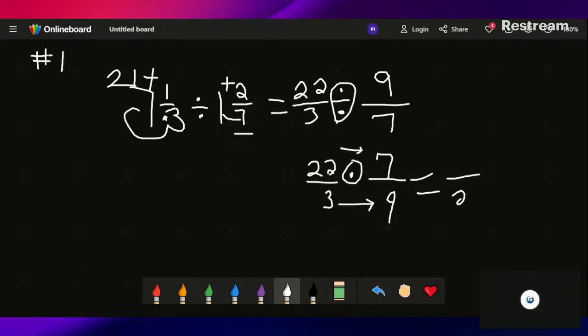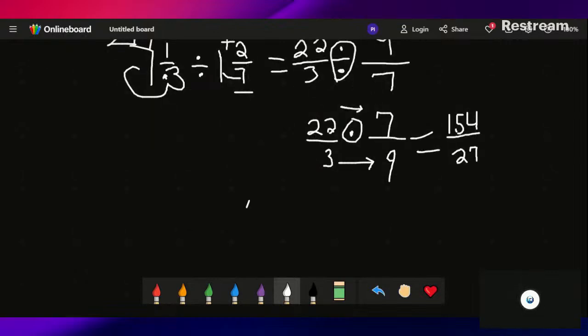All right, so we have here 27. And 22 times 7 is 154. So we want to look and see if we can divide this in half. No, we can't. So we're going to work this out.